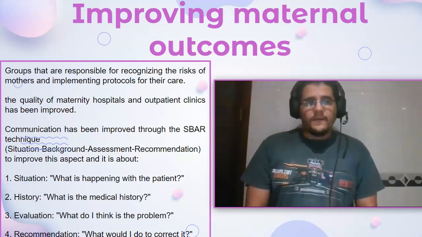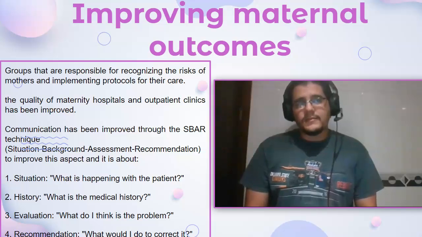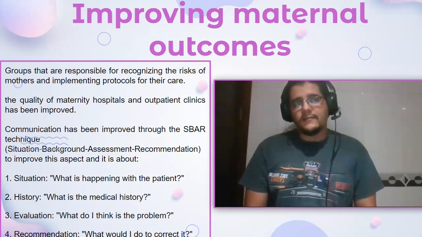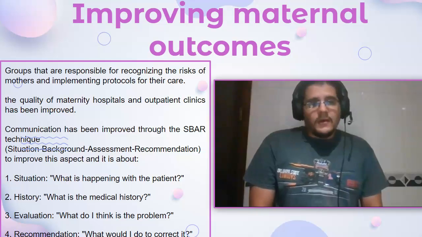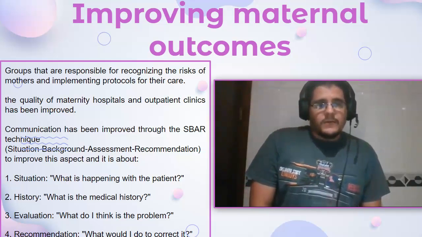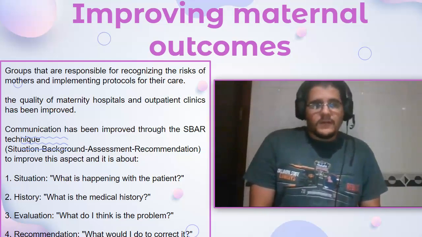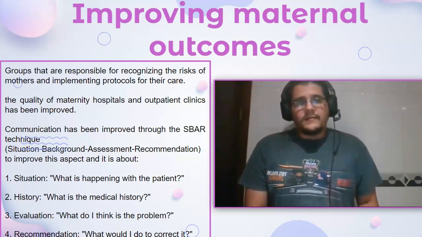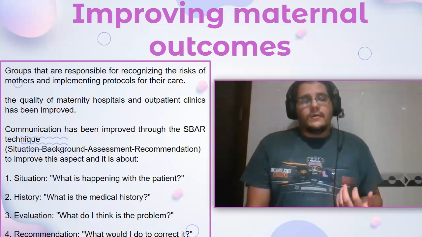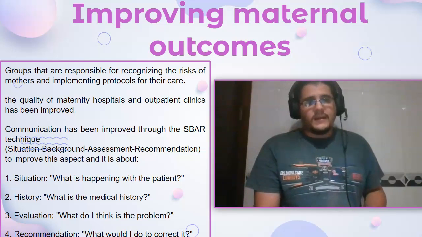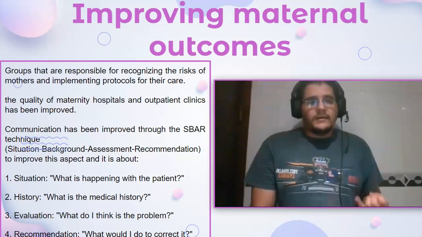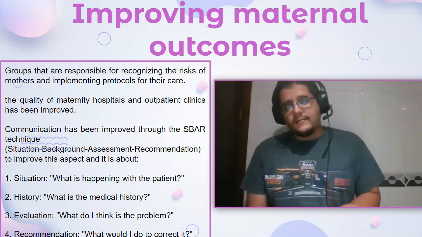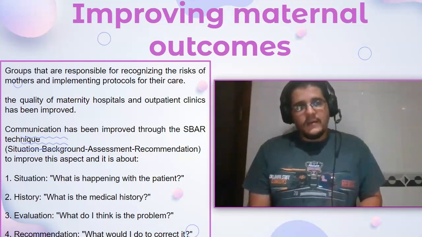A study found that the main cause of poor care during labor and delivery is poor communication, which is addressed with the SBAR technique: situation, background, assessment, recommendation. It was implemented to improve these aspects, and it is about: one, situation, what is happening with the patient.